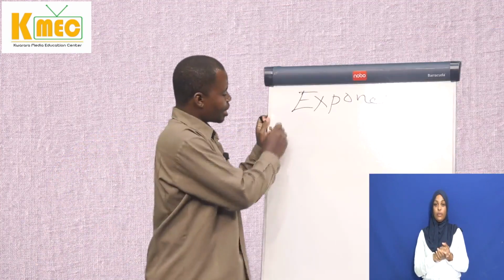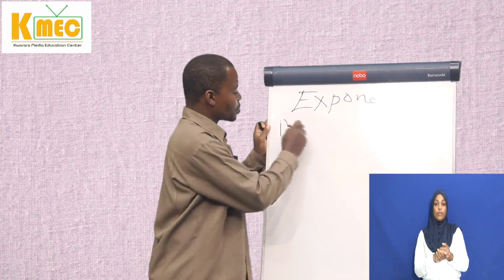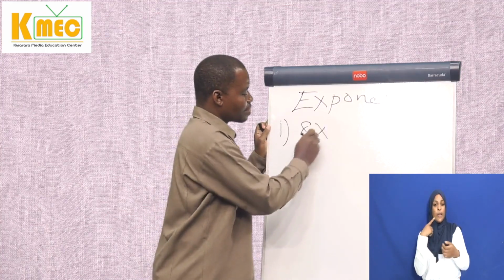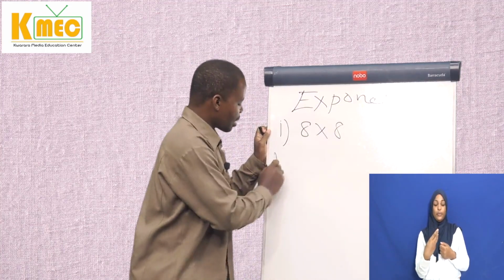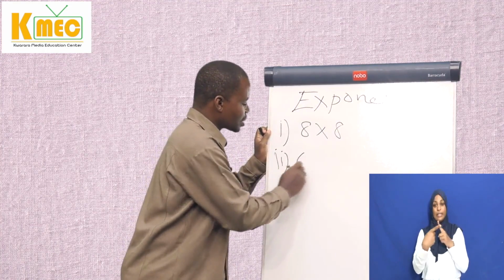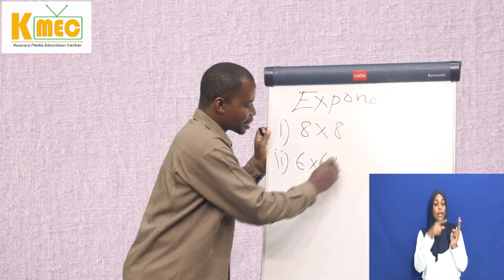Okay, can you tell me how many times does each number multiply by itself? Well, we can see here, for our 3 examples, this is 8 times 8. And our second example is 6 times 6 times 6.